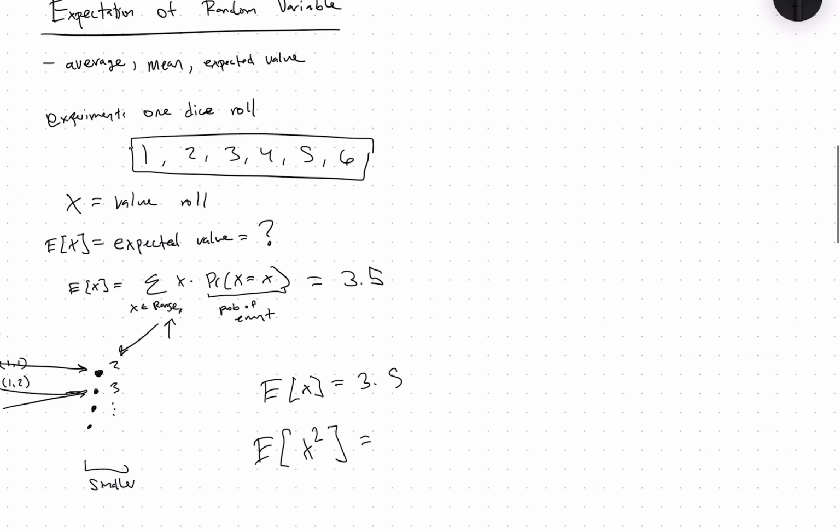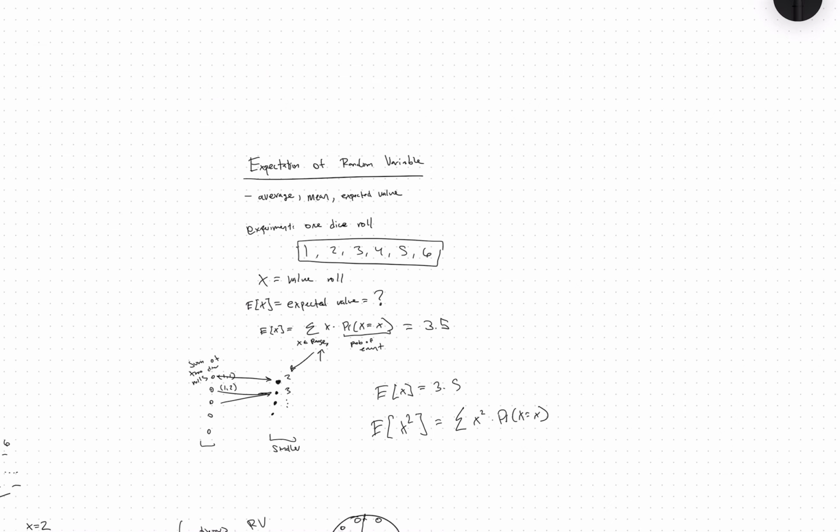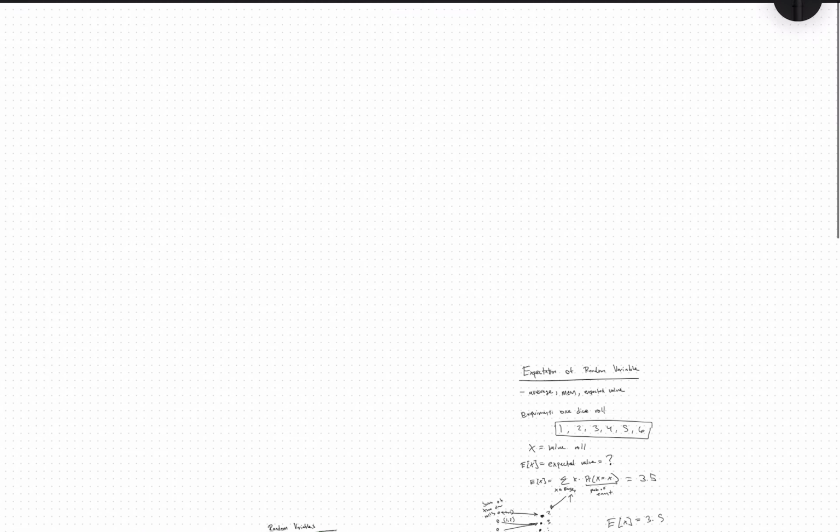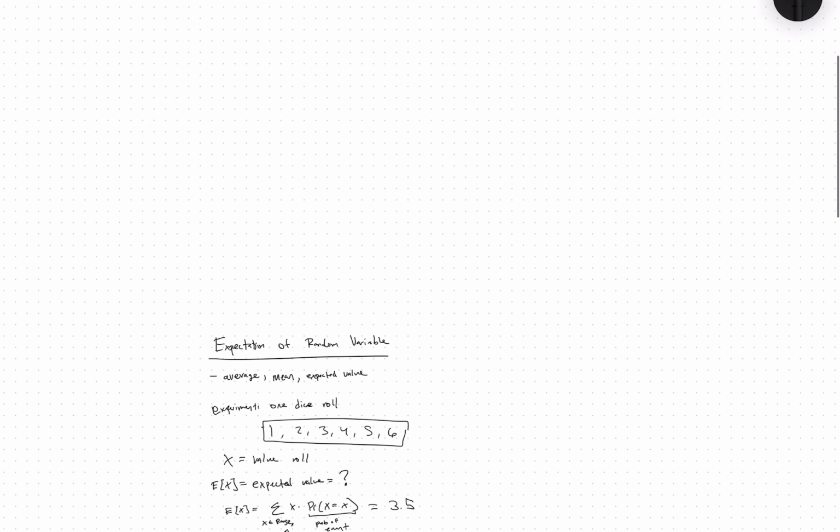For that you can use what's called the law of the unconscious statistician. Instead of having x here, you would have x squared. And it's like, wow, is it really that simple? Yes. Great, so that is how you calculate that. And there's a bunch more rules that we just don't have time to go over. Sorry.